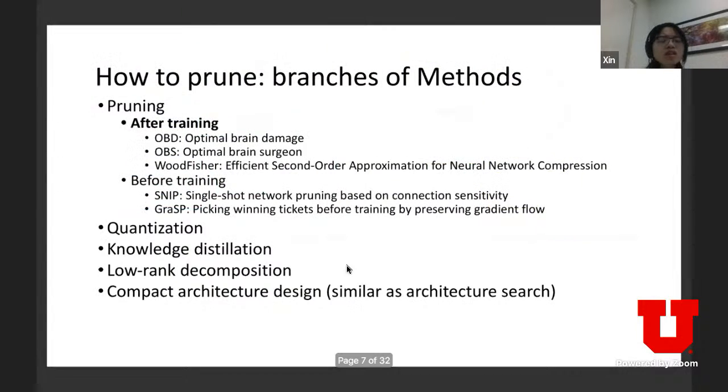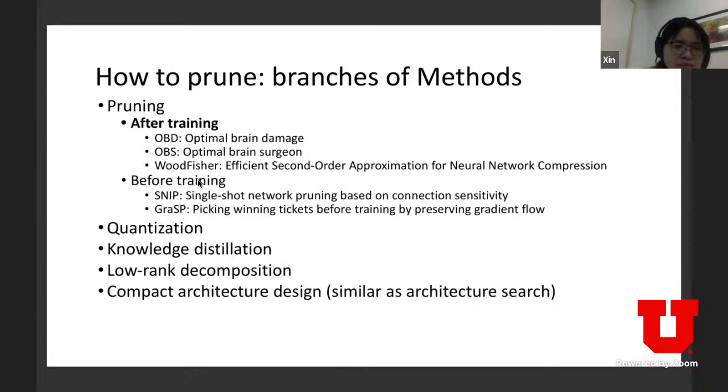For the papers we are going to present today, the methods can happen at two stages. The first one is after training, and the other paper is during training.